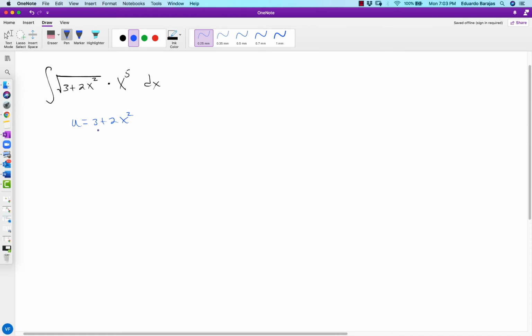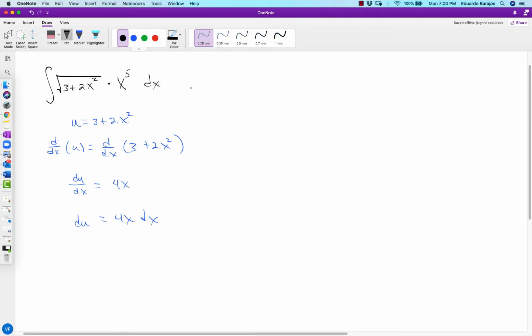Okay, so next we want to take the derivative with respect to x. du/dx equals the derivative of 3 plus 2x squared. The derivative of 3 is 0, and the derivative of this one is going to be equal to 4x. So du is equal to 4x dx.